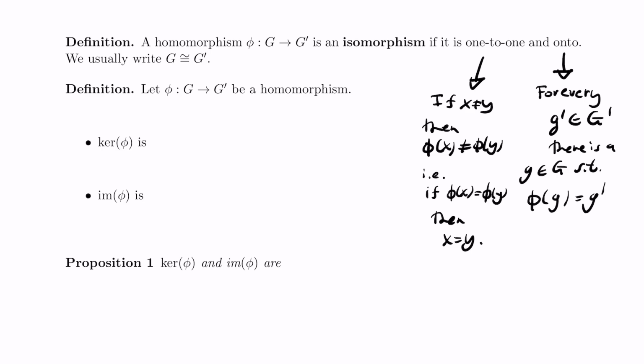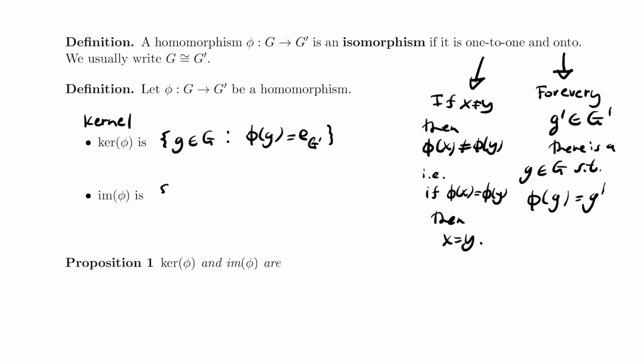So this is the set of g in the group G such that phi of g is the identity in the group on the right, e sub G prime. And this is usually referred to as the kernel. In linear algebra, you might talk about this as a null space as well. We don't really usually use that in group theory and just call this the kernel.